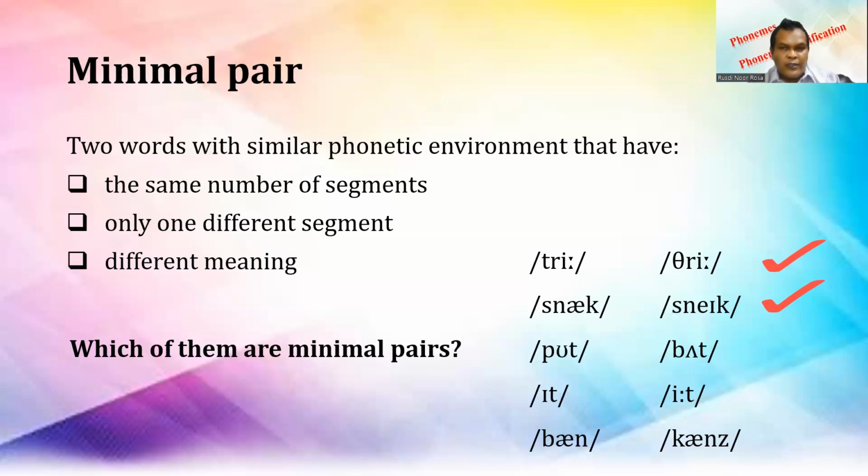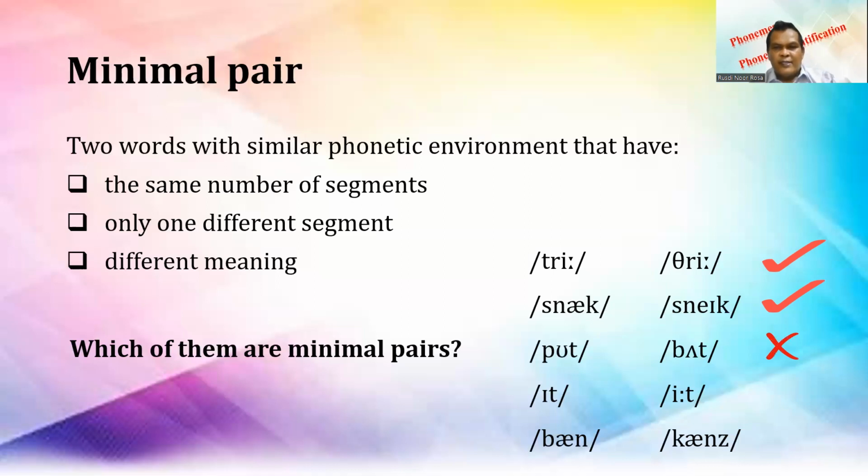The first word is composed of p and u, while the second word is composed of b and a. So they have two different segments. So we can say that this pair is not a minimal pair.